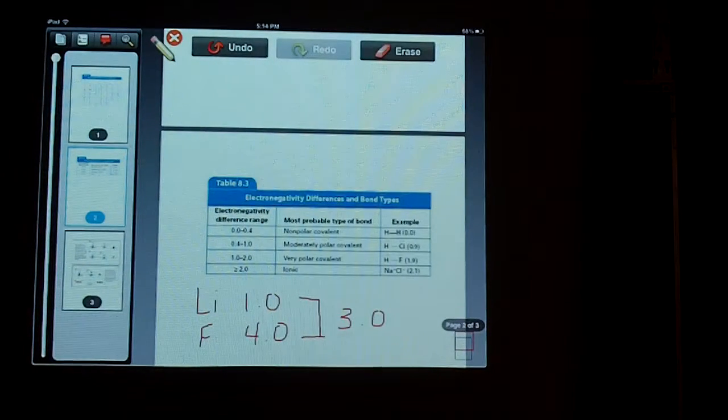If I look at this chart, anything that has a difference greater than 2 is going to be ionic. If that difference is less than 2, it will be some type of covalent. It could be nonpolar, it could be moderately polar, or it could be very polar. In fact, these compounds are just about ionic, but they don't get that complete transfer.